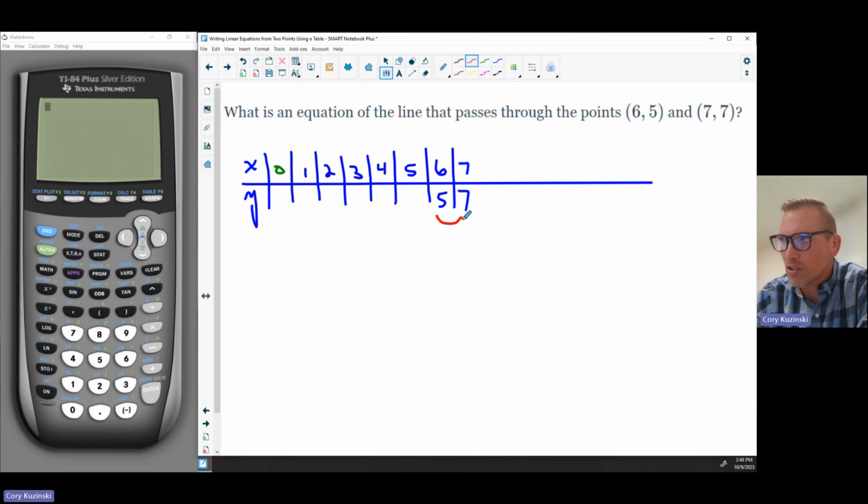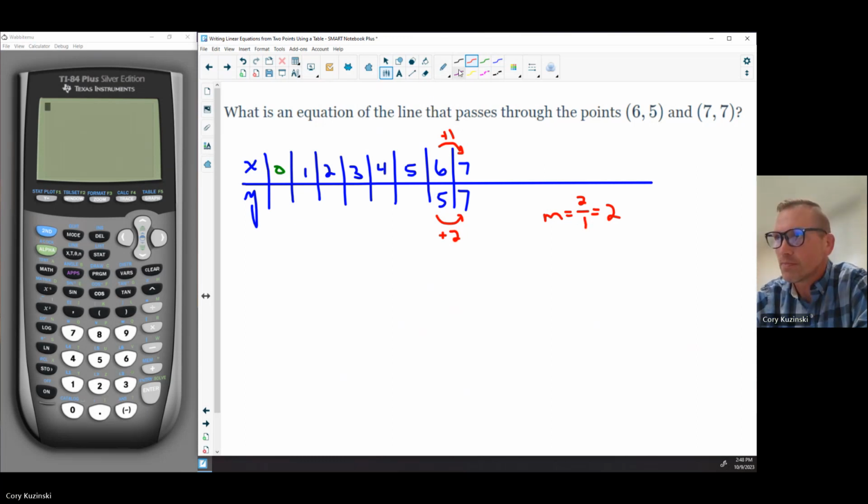We want to figure this out. What about our slope? I see an increase of 2 as x went up 1. So our m value is 2 over 1, which is 2. If as x goes up 1, y goes up 2, I could put another value in here. Then this would be 9.